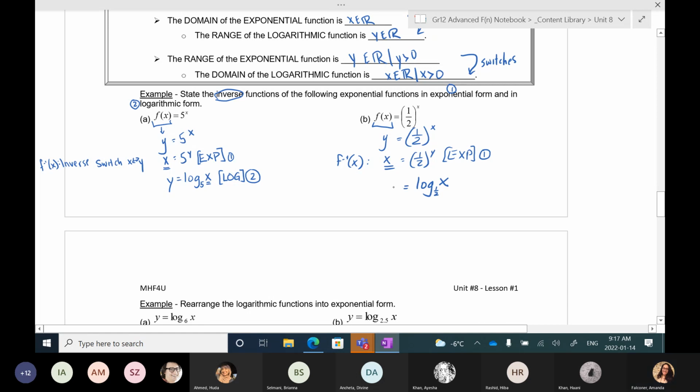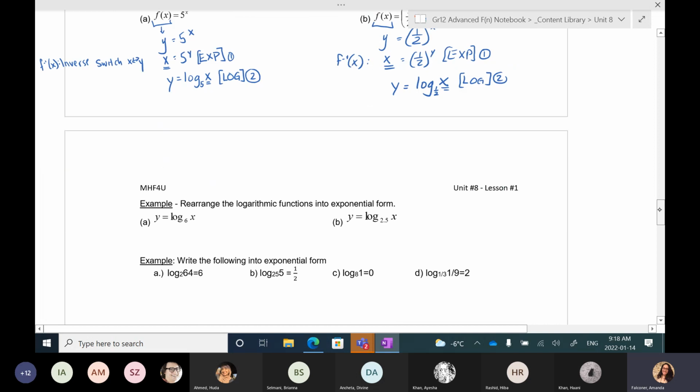And over here, I'm going to put my y value, the exponent. So then that is my logarithmic form of that inverse. We're going to continue to use that pattern for switching your exponential into your logarithmic forms throughout the rest of the lesson. That's all that there really is today.